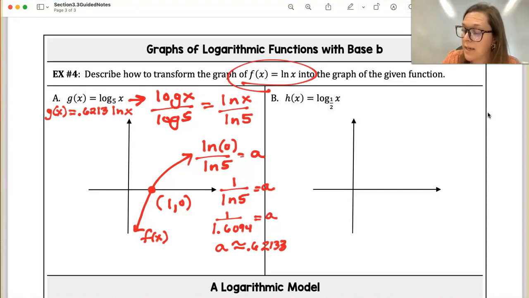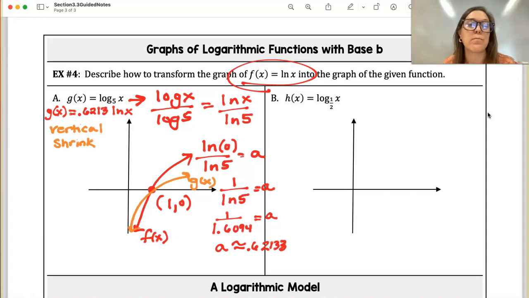Well, we're doing a vertical shrink, because my a is in between 0 and 1. So it's probably going to look something like this for my g of x. It's going to be a little bit of a shrink. It's not going to be as steep.